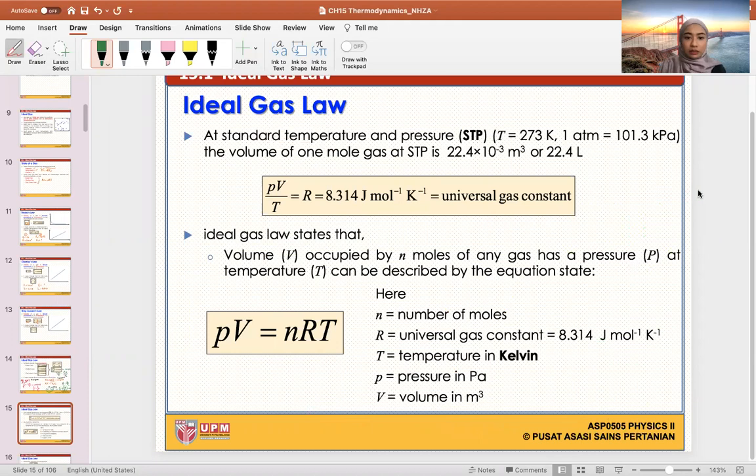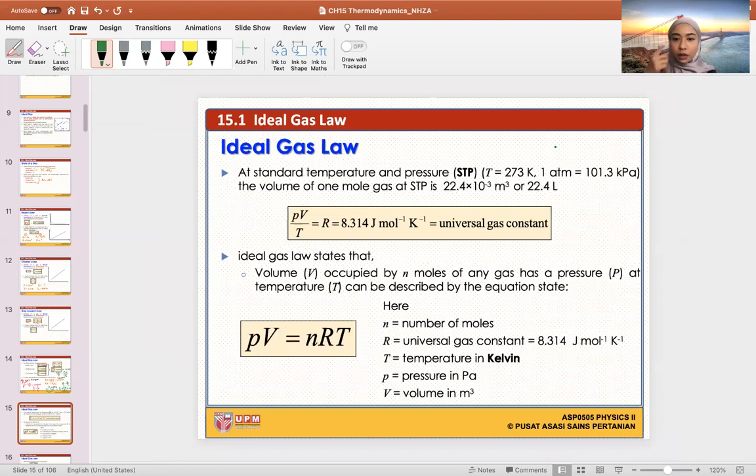Okay, so ideal gas law. I told you that the ideal gas law applies for gases at standard temperature and pressure, which is T equals 273 K, 0 degrees Celsius, and 1 atm, which is 101.3 times 10 to the 3 Pascal.